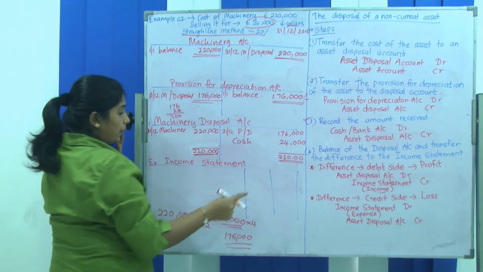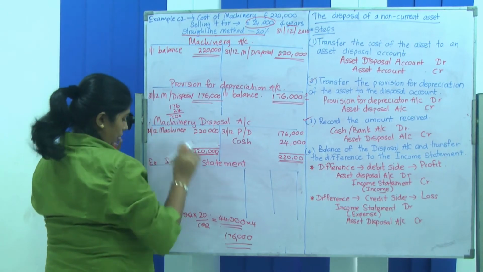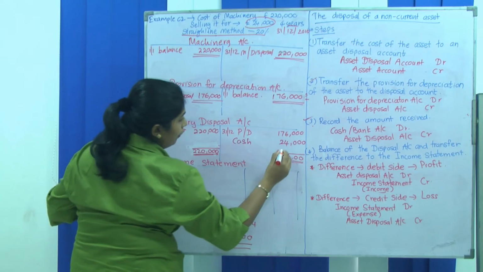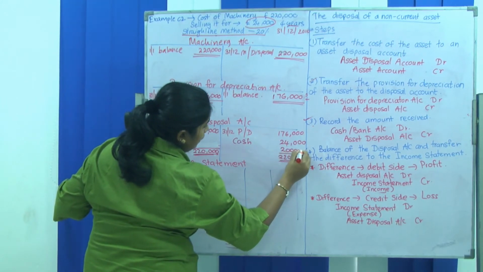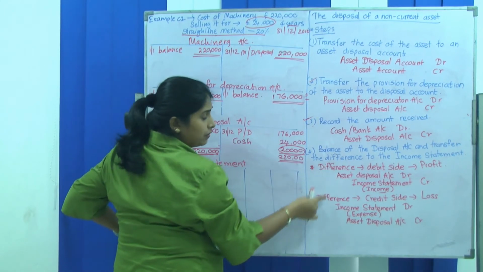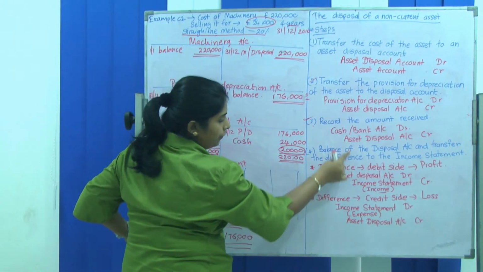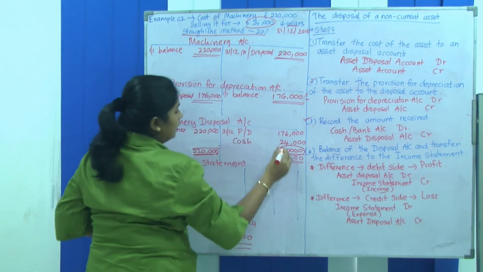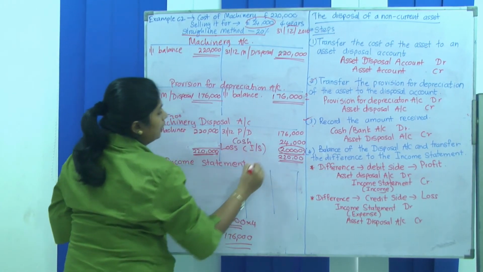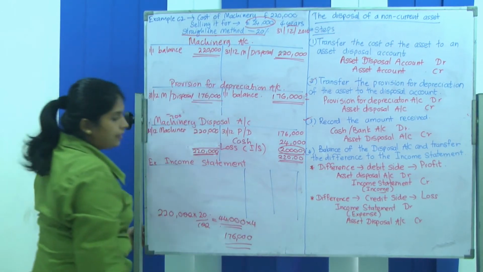So from 220,000 when you subtract 200,000 you will get a difference on the credit side of 20,000. So here it says after balancing the disposal account, if you get a difference on the credit side, that means it's a loss and you have to record it in the income statement as an expense.